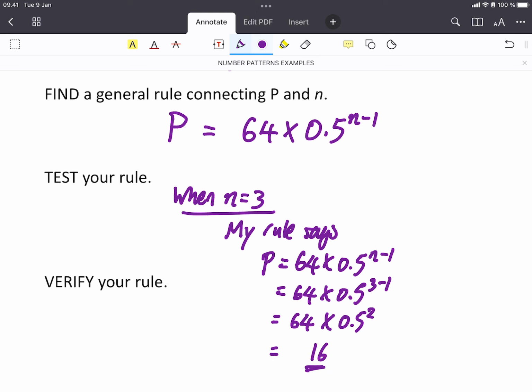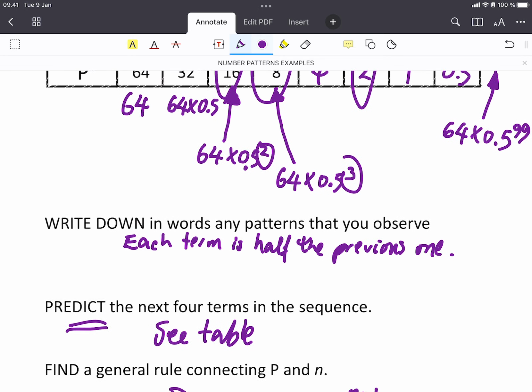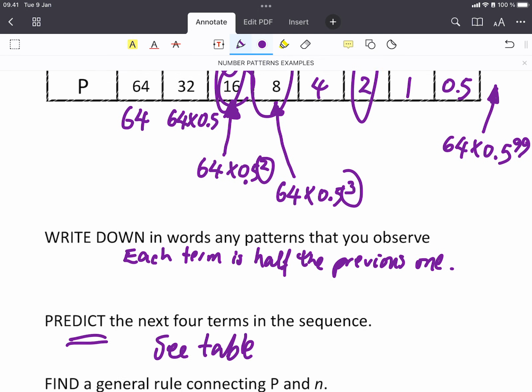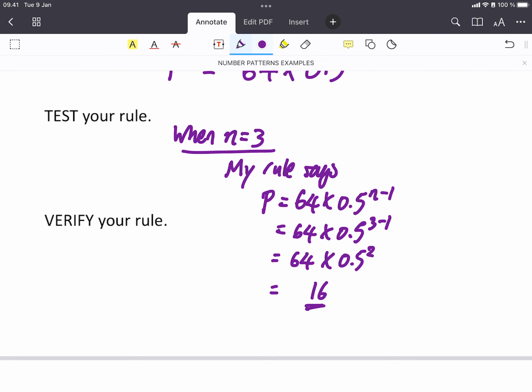And at that point you could get your Desmos calculator to do that for you, and then just paste in the result from Desmos calculator in the exam situation. So when n equals 3, I get 16. That matches the value in the table. We need to make that observation. There could be a mark for that.